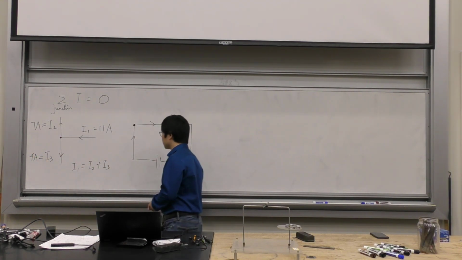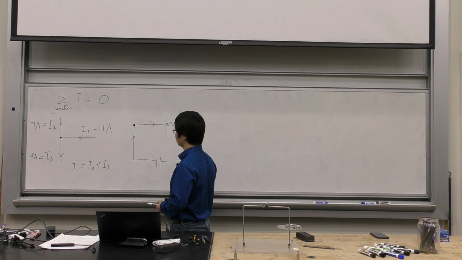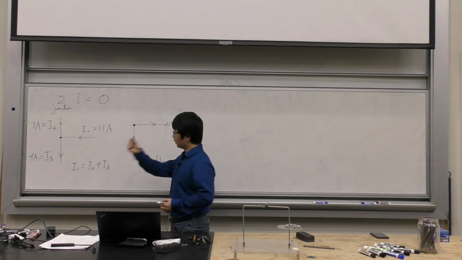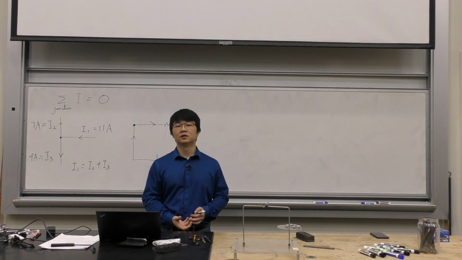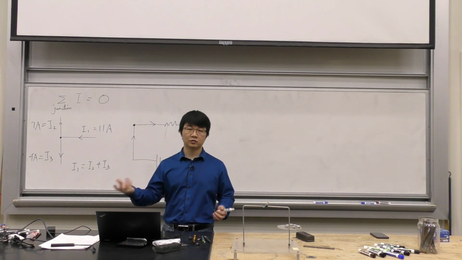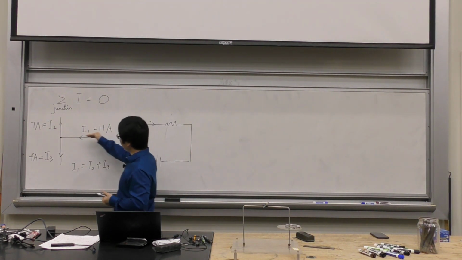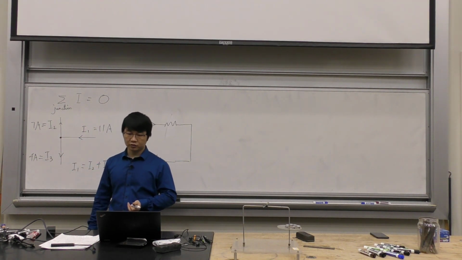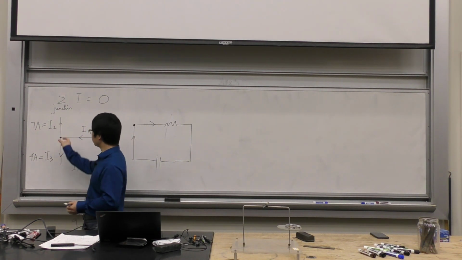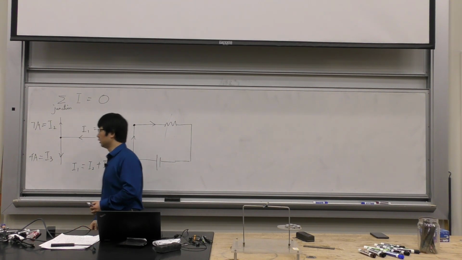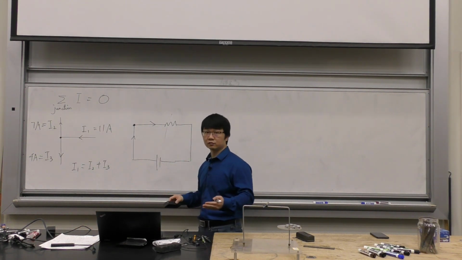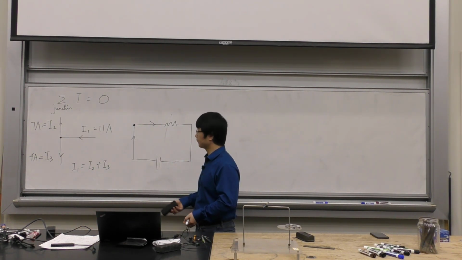That's why there is always a relation among these currents at one junction. Even if I have 10 currents coming at a junction, that must be true. All the current entering this junction must be the total current leaving the junction, because charge is conserved. They're not going to disappear.